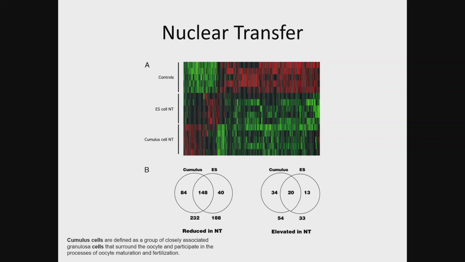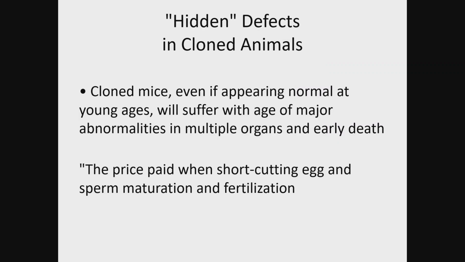They are different from them in many, many genes, telling us that this kind of reprogramming is still not perfect, and we don't get a perfect animal, and that's why these cloned animals also get hidden defects. They can appear normal mainly when they are born, though some of them have defects at birth, and some of them age earlier because they have accumulated damage.